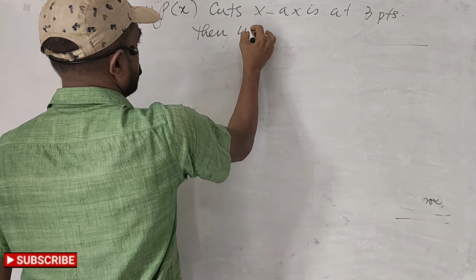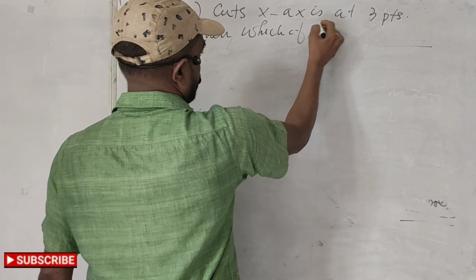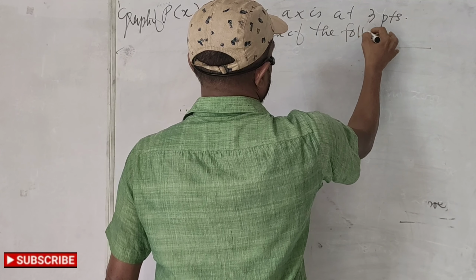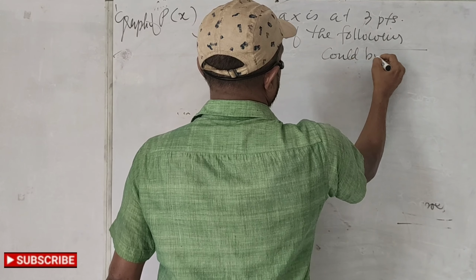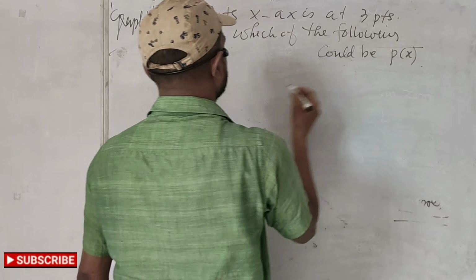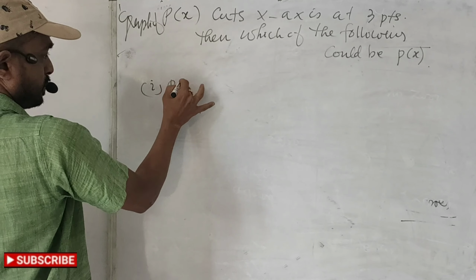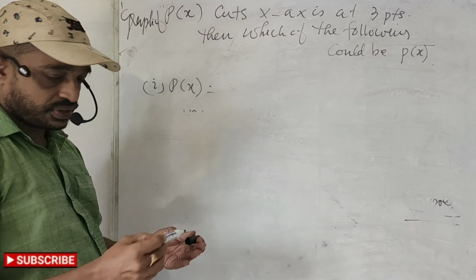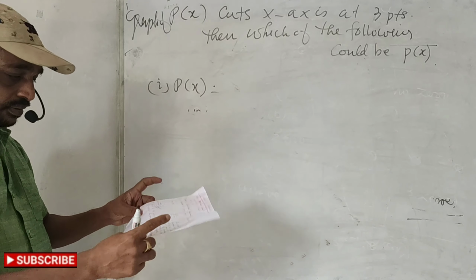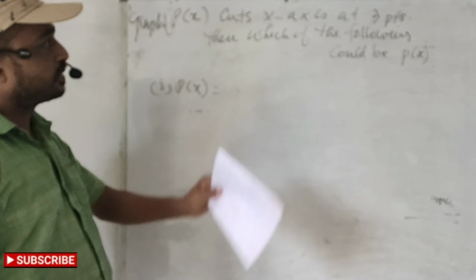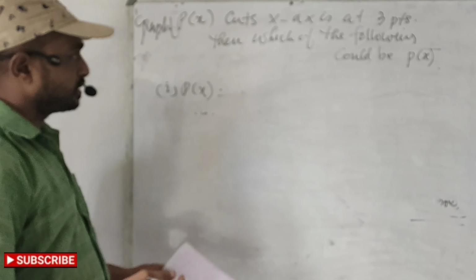Then which of the following could be p of x? 4 options are there. So here we are given that the graph of a polynomial cuts the x-axis at 3 distinct points.